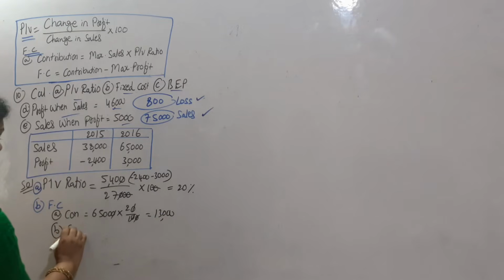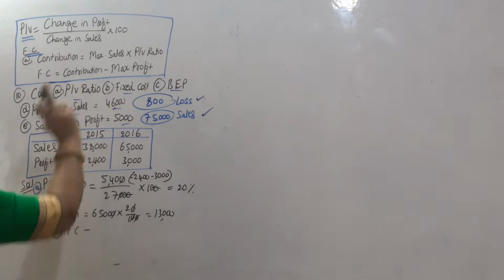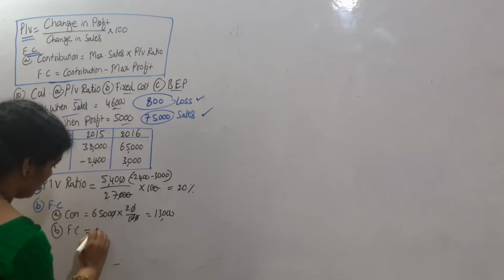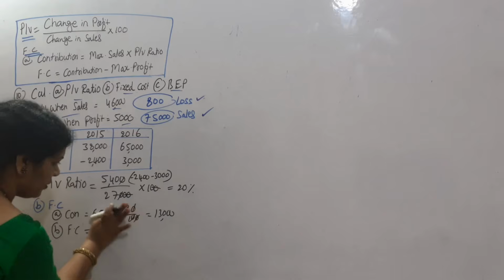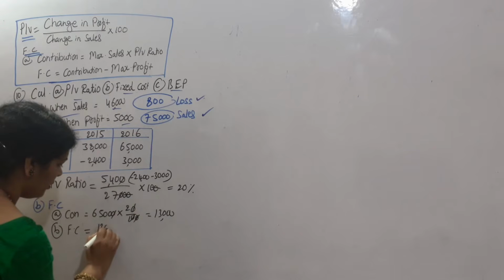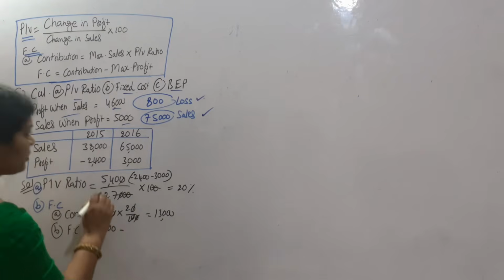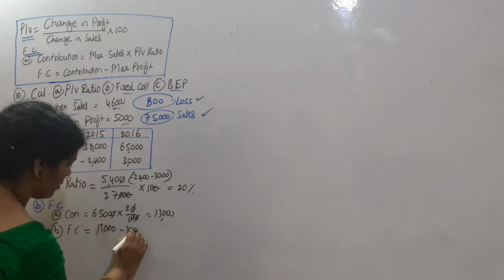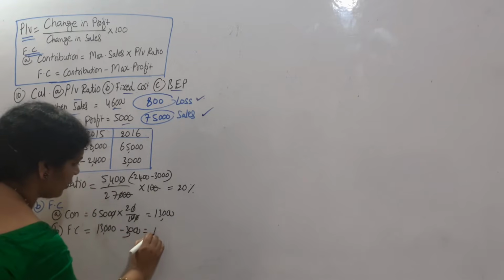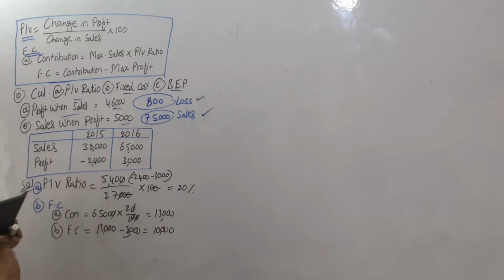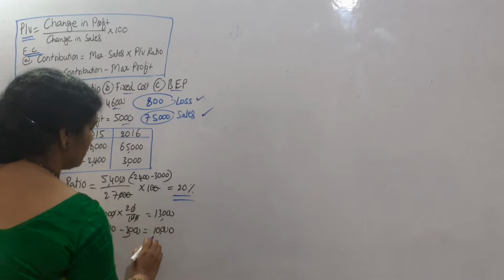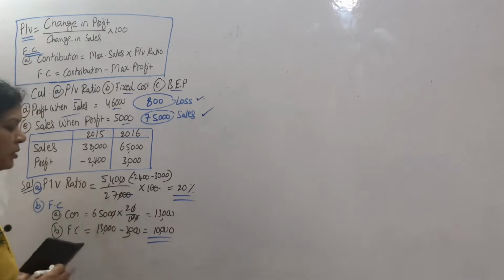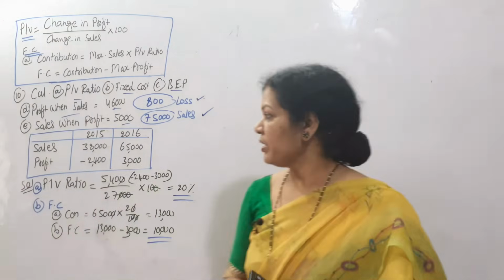Fixed cost is equal to contribution minus maximum profit. 13,000 minus maximum profit, which is 3,000, is 10,000. 10,000 is the fixed cost. We got PV ratio 20% and fixed cost 10,000.